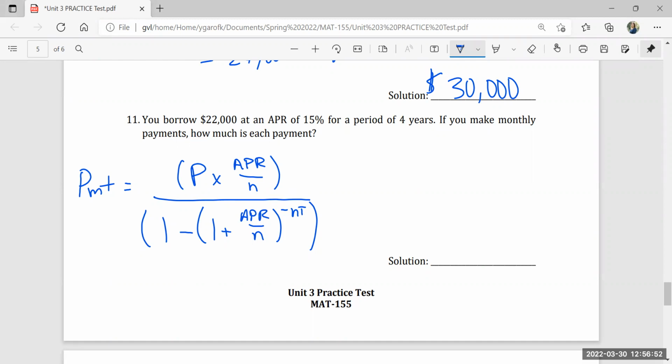So here, we have borrowed $22,000. So this is P. Times our APR is 0.15. Monthly payments tell us that N is 12.